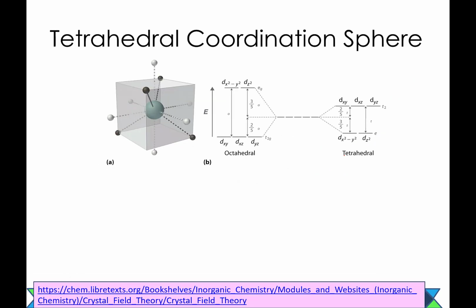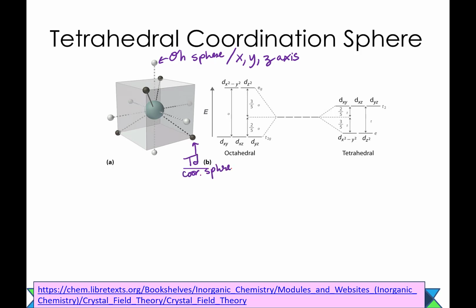And then finally there's tetrahedral. Tetrahedral is a little bit harder to see. These white balls are showing your octahedral sphere, and they also correspond to your x, y, and z axes. And then these black spheres are your tetrahedral coordination sphere.